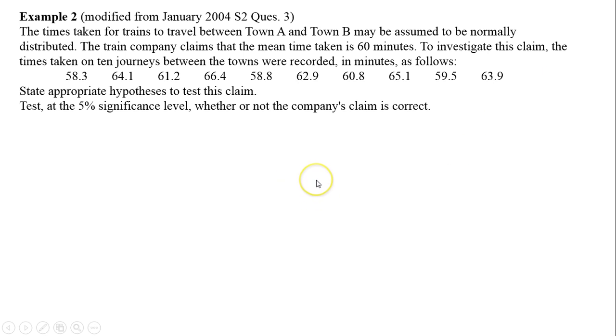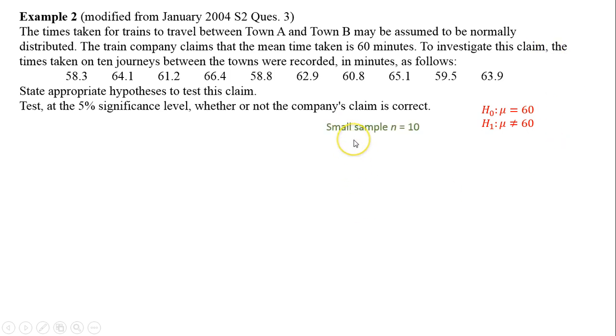State appropriate hypotheses to test the claim, and then test at the 5% significance level whether or not the claim is correct. So our hypothesis is that the mean is equal to 60, against the mean is not equal to 60. So it's going to be two-sided.